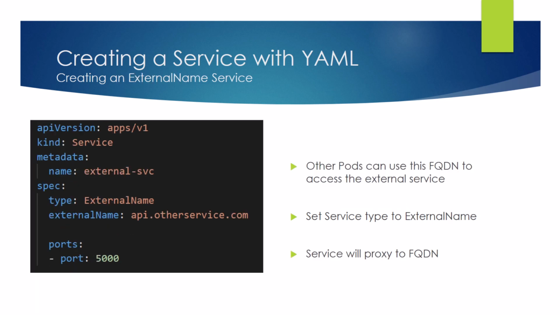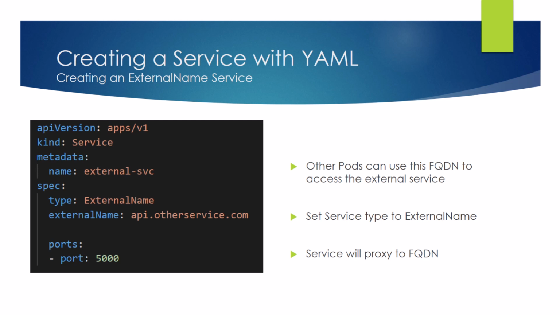Now the final one is the ExternalName service, and this is where we are in a sense going to create an alias. I named it external SVC, and that way any pods that need to get to this service, instead of going to api.otherservice.com, as you will see in the externalName down below, can just call external SVC, and then it will proxy them to the external name that you see here.